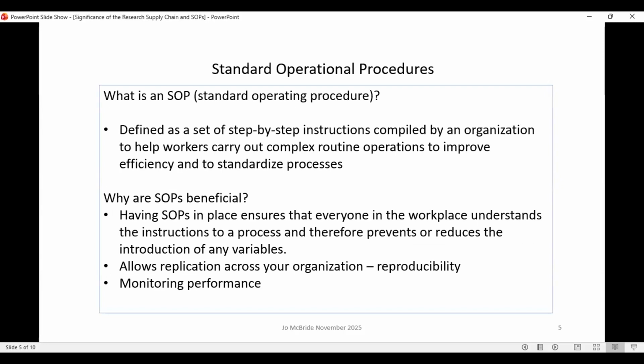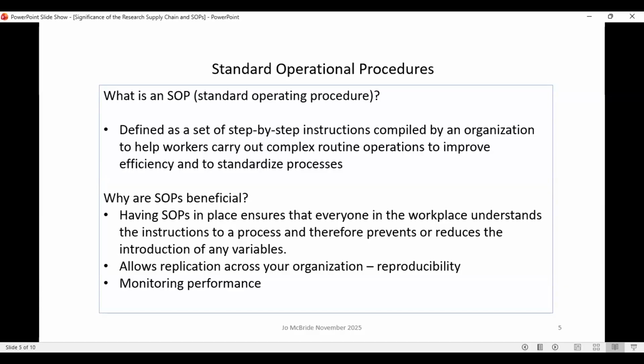All of the things that I mentioned would always benefit from having an SOP in place, and the reason is that then everybody in the workplace understands what has to happen, what the things are that you have to check up on, and the flow of how things are done.